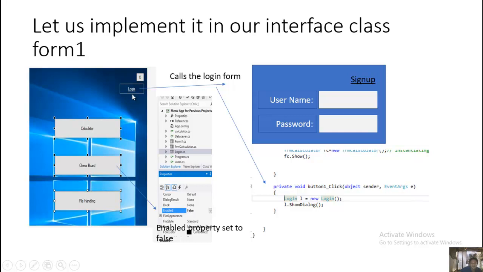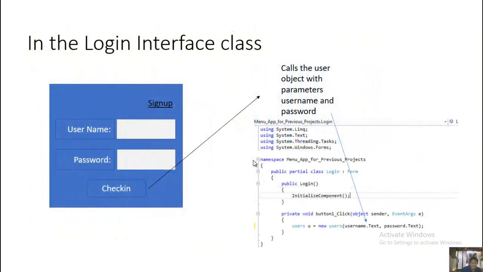And then once the user clicks the login, it calls the login form and the user can enter already the username and password. However, if he clicks the sign up button, it brings him to the sign up account.